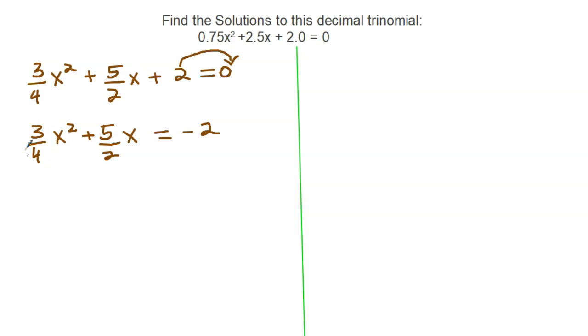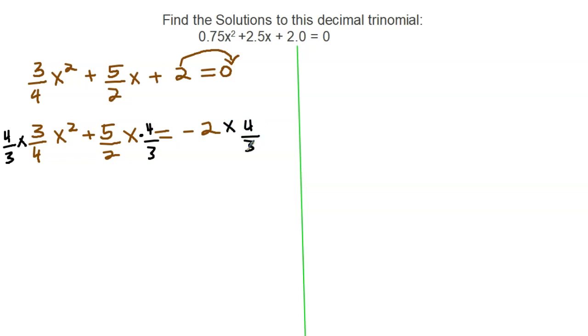And when you're completing the square, the coefficient of x squared has to be 1. We got 3 divided by 4 here, so we have to get it out of the way. So we will flip this and multiply. We have to do the same thing here, so we also multiply here by 4 divided by 3, and do the same on the other side, 4 divided by 3.